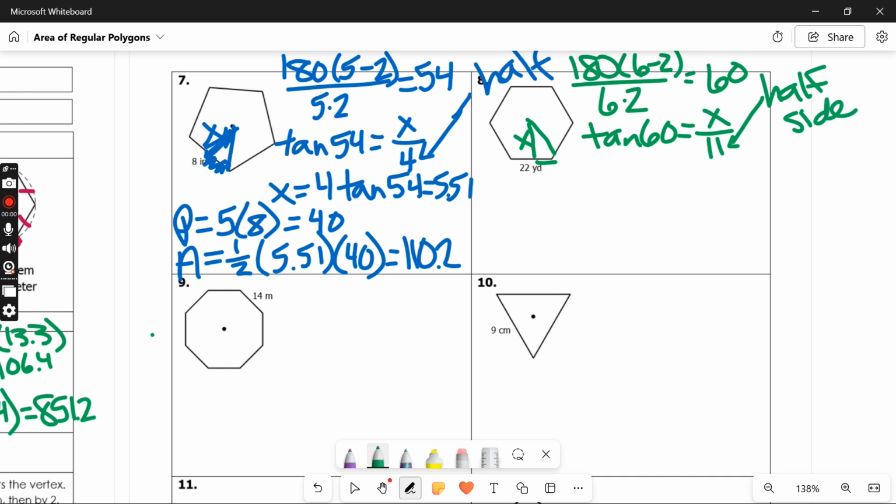So it would be 11. That tells me that x is equal to 11 times tangent of 60. So 11 tangent of 60 is 19.05.